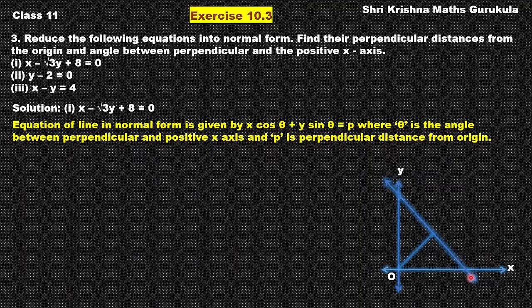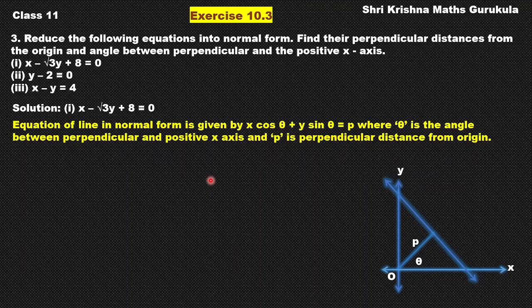If this is the line and its equation is x cos theta plus y sin theta equal to p, then this perpendicular distance of the line from the origin is p, and the angle between this perpendicular and the positive direction of x-axis is theta. The angle is not of this line, but of the perpendicular line with the x-axis. Okay, keep that in mind.